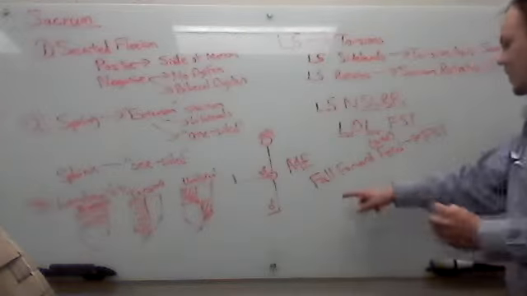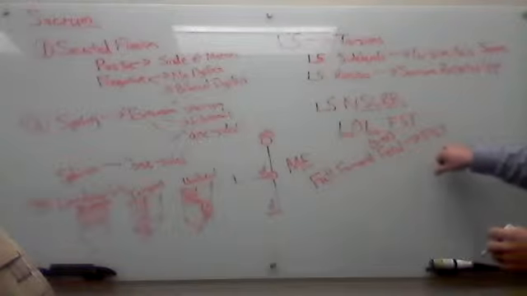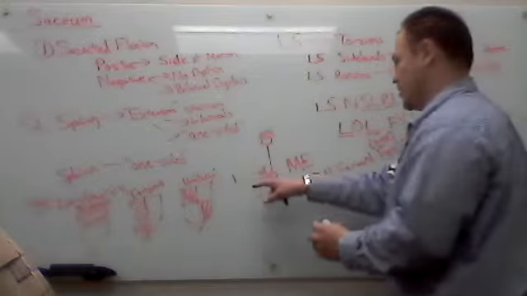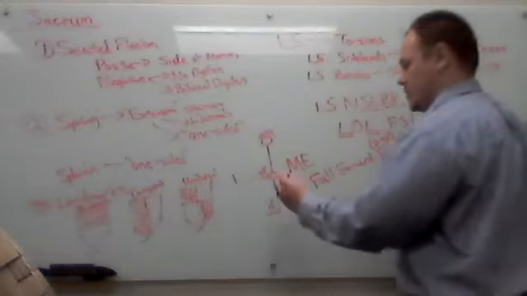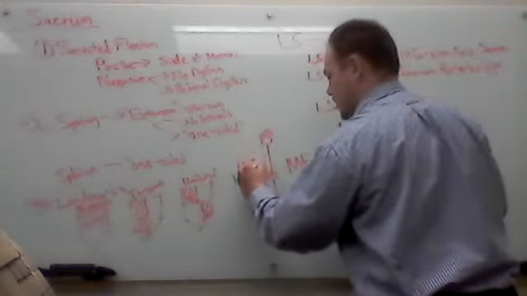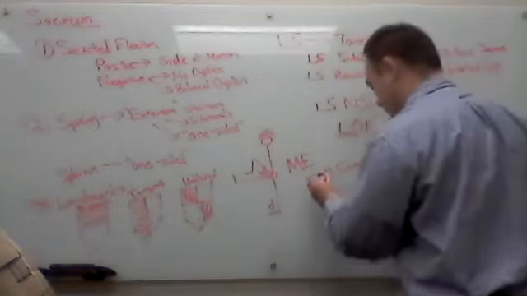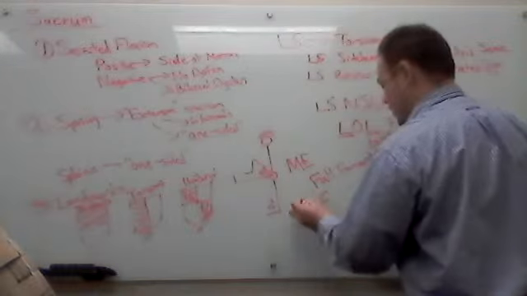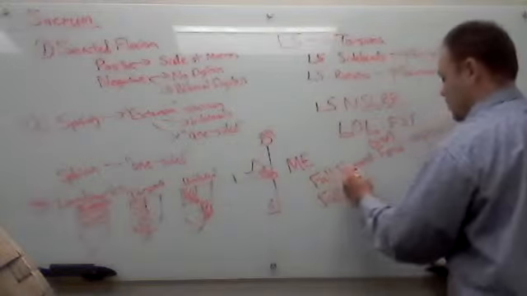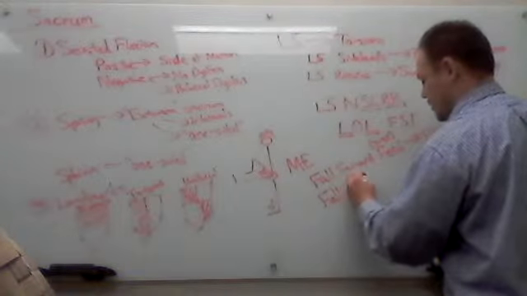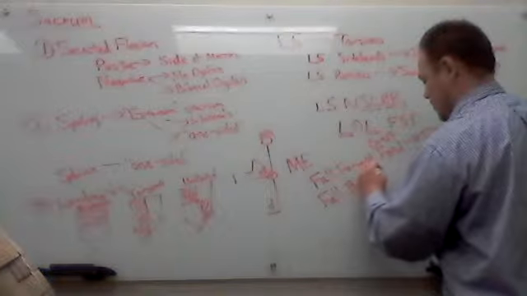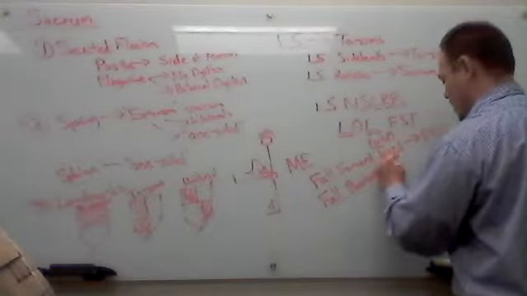So if we have a forward sacral torsion, you're going to bring him beyond the 90 degrees. So he's going to bring his knees up to here, and then you're going to have him side bend away. So if we have a backward sacral torsion, you fall backwards, sprawled out.